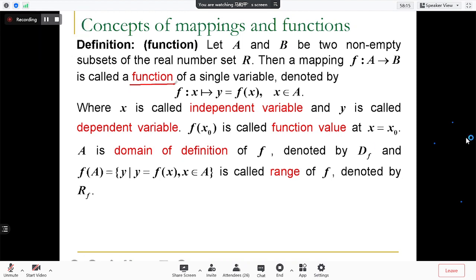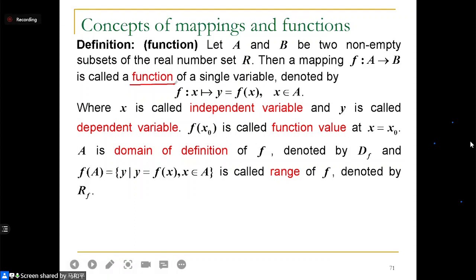So we write y is f(x), x belongs to A. Here x is called the independent variable and y is called the dependent variable. f(x0) is called the function value at x equals x0. And A we call the domain of definition of f, denoted by D_f. And f(A) is called the range of f, denoted by R_f.